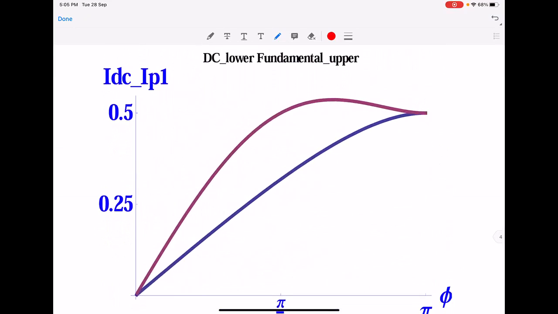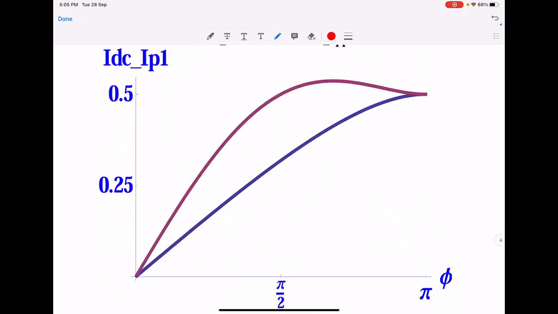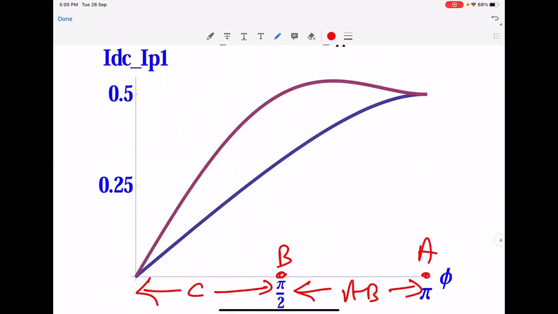And here's another plot which says that the power delivered to the load is going to decrease with the decrement in the phi. So this is class B, this is class A, this is AB region, and this is C mode of operation.